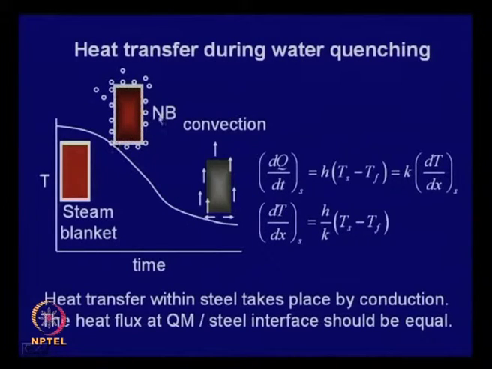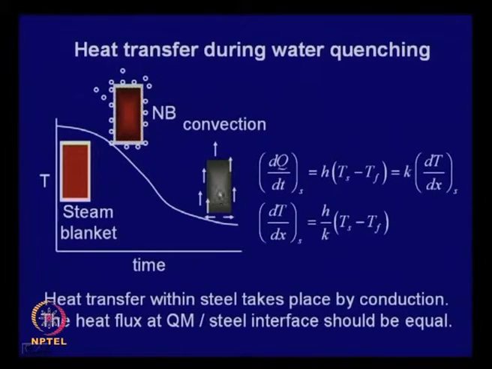This is called nucleate boiling. Once this nucleate boiling starts, you have bubble formations which result in severe agitation, and therefore, the cooling rate increases substantially. So, you have the maximum cooling rate in this region, and later on when this boiling stops, then normal convection takes over.